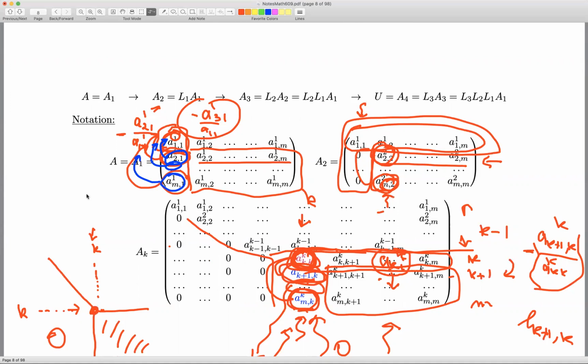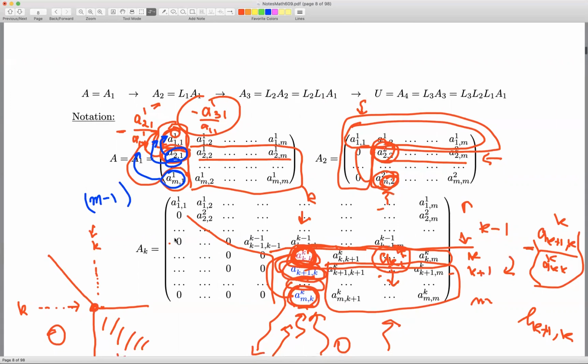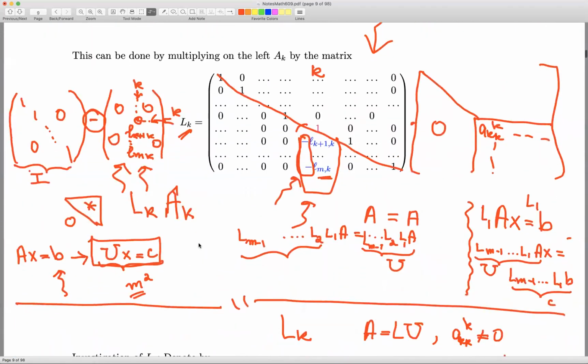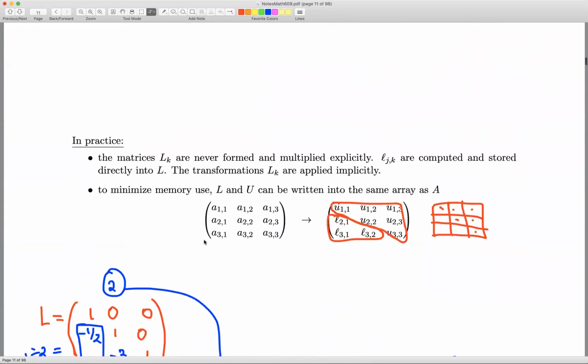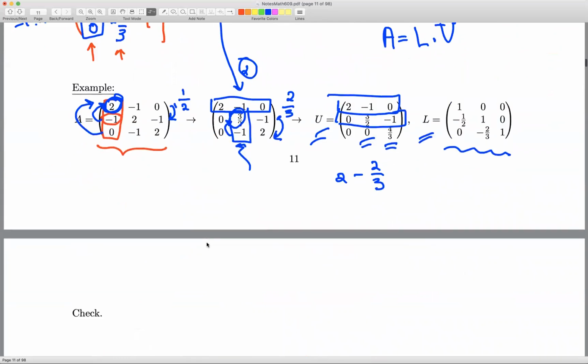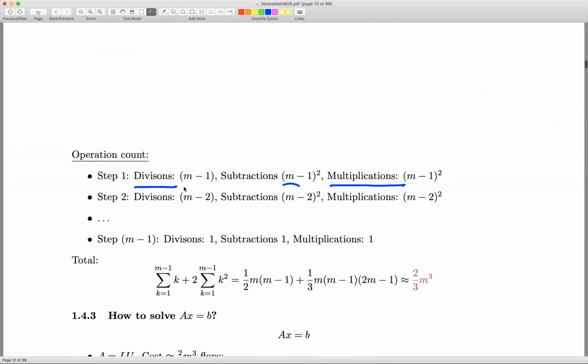As a total, the matrix is of dimension m times m. So from second down to m, we have m minus 1 divisions, and these m minus 1 divisions were the divisions for the computation of the L's. So we write down for step 1, we have m minus 1 divisions.